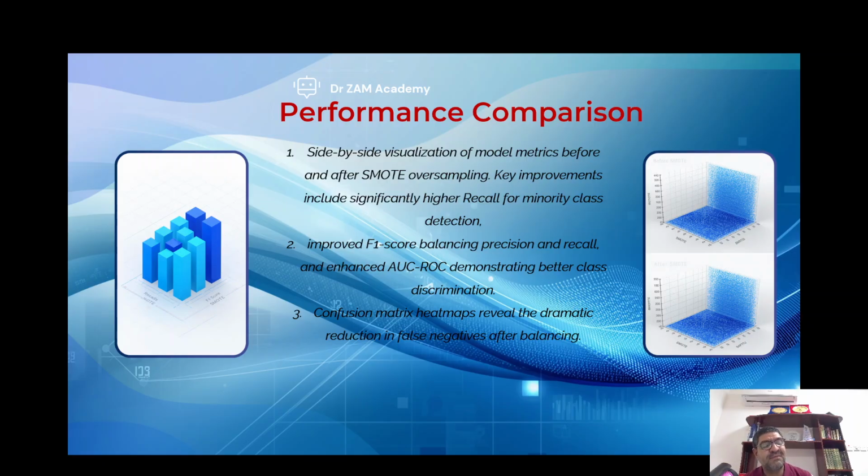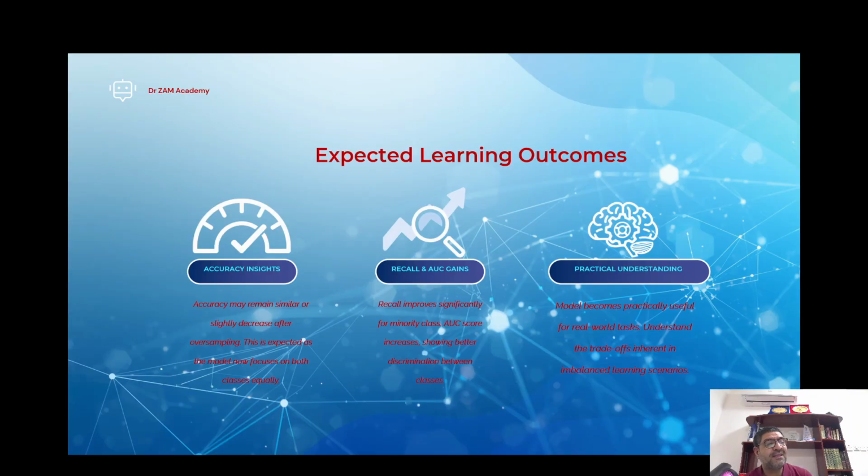But whether we are talking about false positives or false negatives, both of them have repercussions and implications. That is something we have to focus on, and these parameters are focusing on that. What about accuracy insights? Accuracy may remain similar or slightly decrease after oversampling. This is expected as the model now focuses on both classes equally.